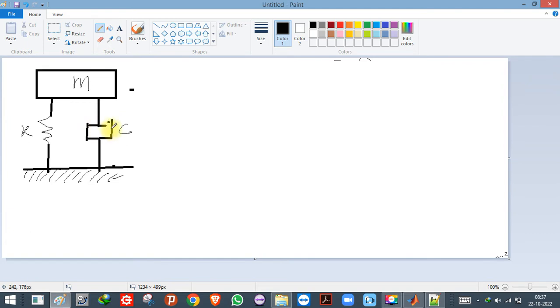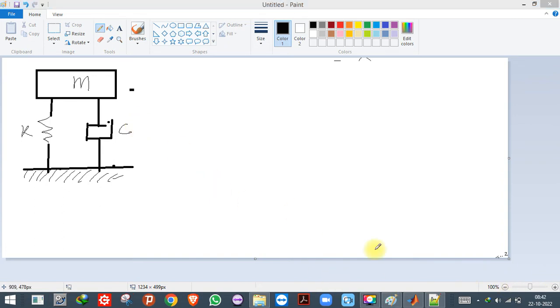Now we'll try to solve this system. We'll try to make a MATLAB code of this system, and we'll see what happens. So this is my basic model that we will try to solve for structure. If you want to understand structure dynamics, you must know how to solve this problem.